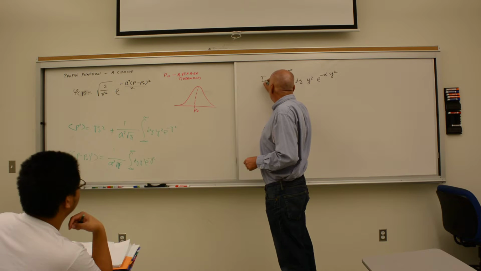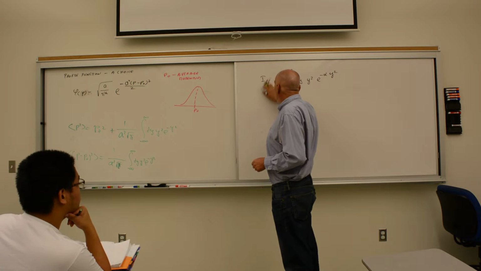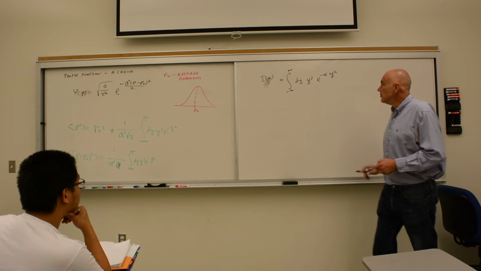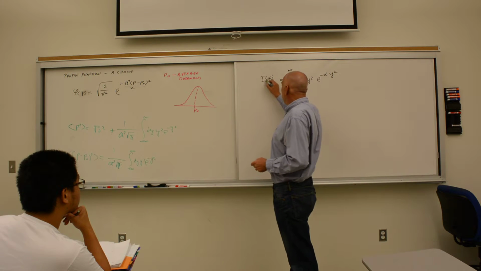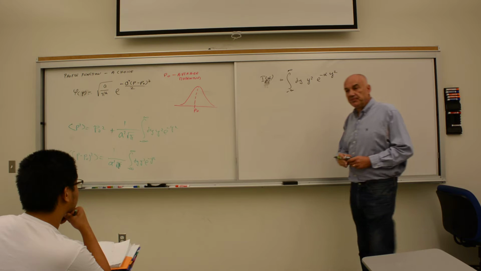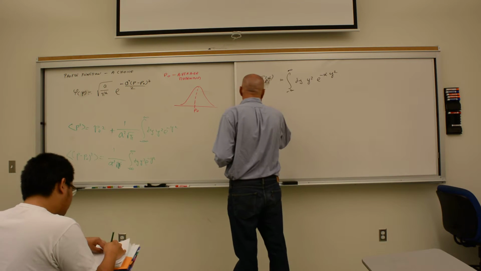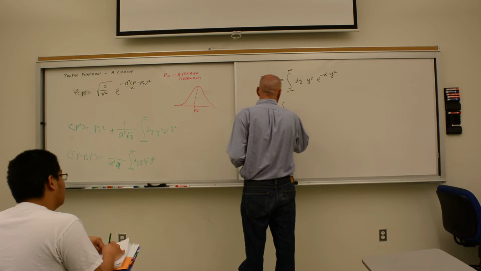This is I of alpha, and I will call it specifically I2 of alpha, where I will define I of alpha to be this.